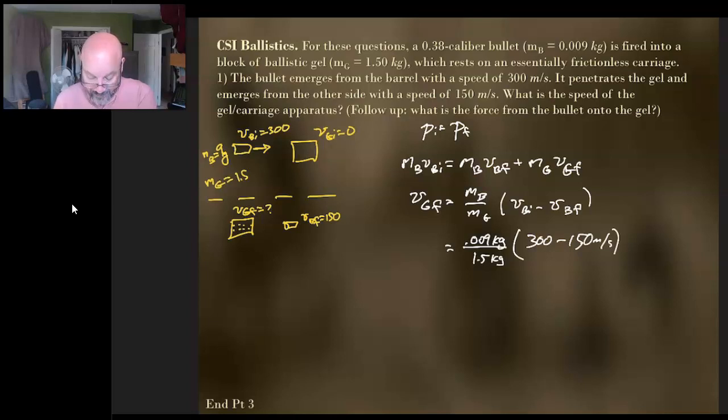Those units are going to cancel out, and all we're going to be left with is meters per second, which makes sense because we're looking for a velocity. After we plug in our numbers, what we end up getting is 0.9 meters per second. So the gel's going pretty slowly.